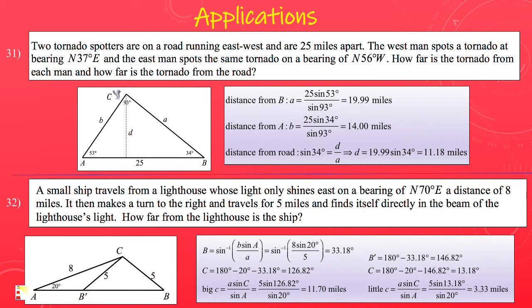So now we get little c is equal to a sine C over sine A, or 5 sine of 13.18 degrees over the sine of 20 degrees, which is 3.33 miles. So it is possible that the ship is 3.33 miles from the lighthouse.